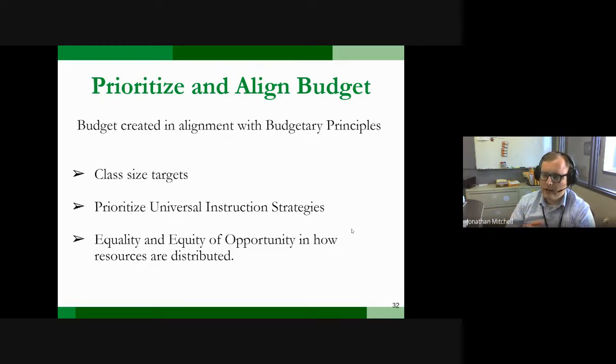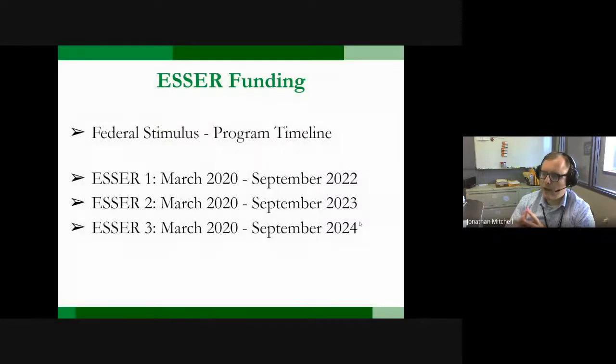Again, coming back to our class size targets, thinking about universal instruction strategies, what we would call tier one instruction, what we are providing to all students, and then equity and equality of opportunity and how those resources are distributed. So we want to think about that in the alignment of how we prioritize.